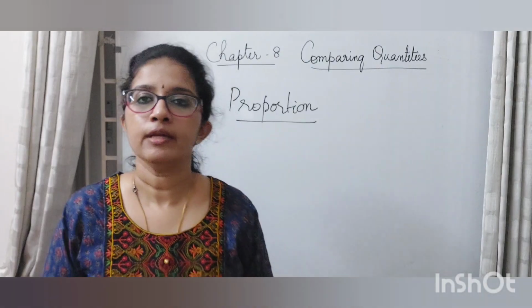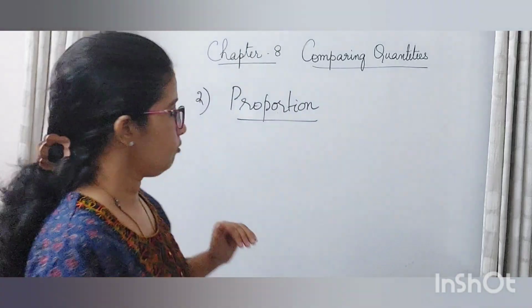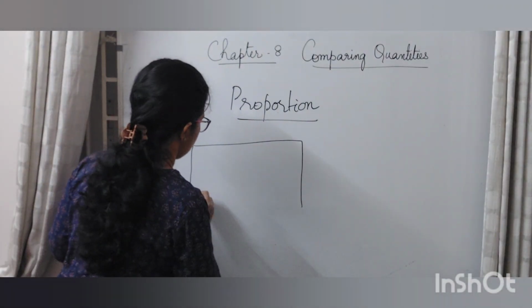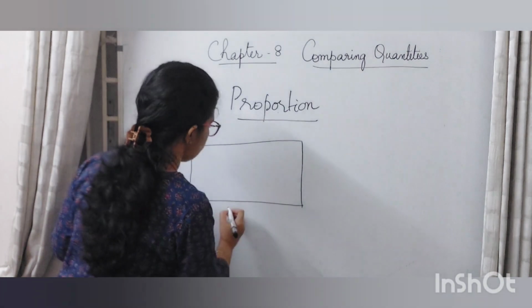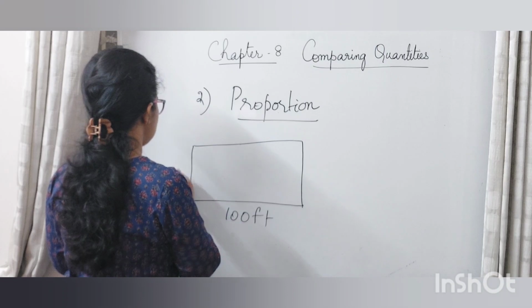For example, we are going to draw a plot of land which is already there in a piece of paper. So let this be the plot of land. Here this side is actually 100 feet and this side is actually 10 feet.